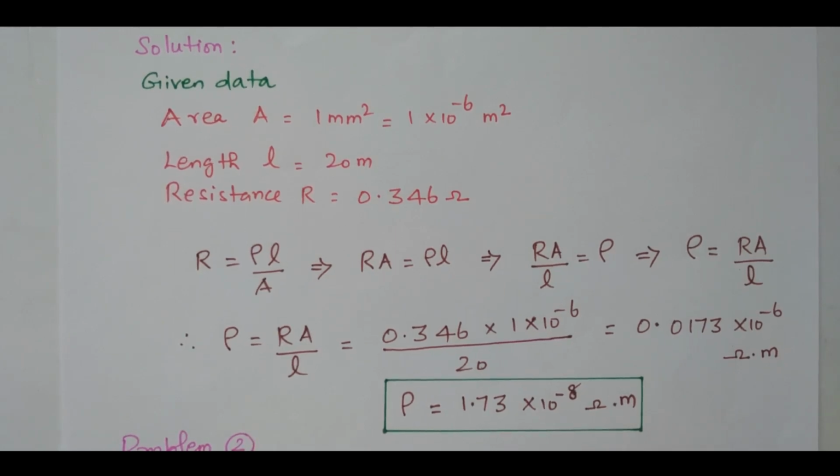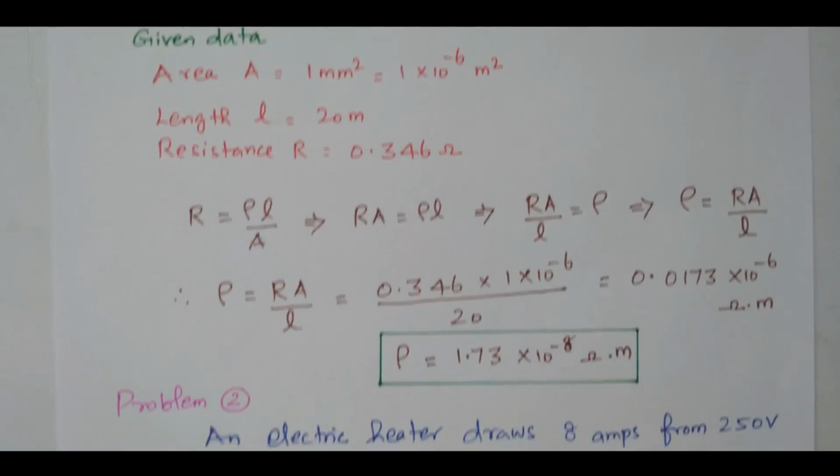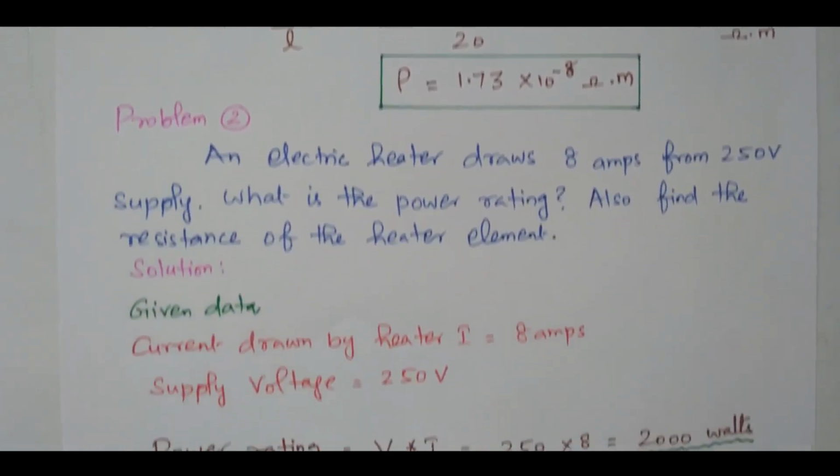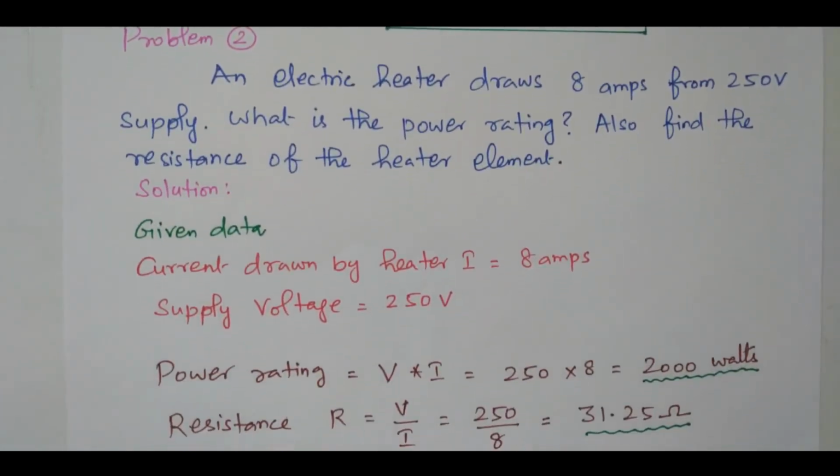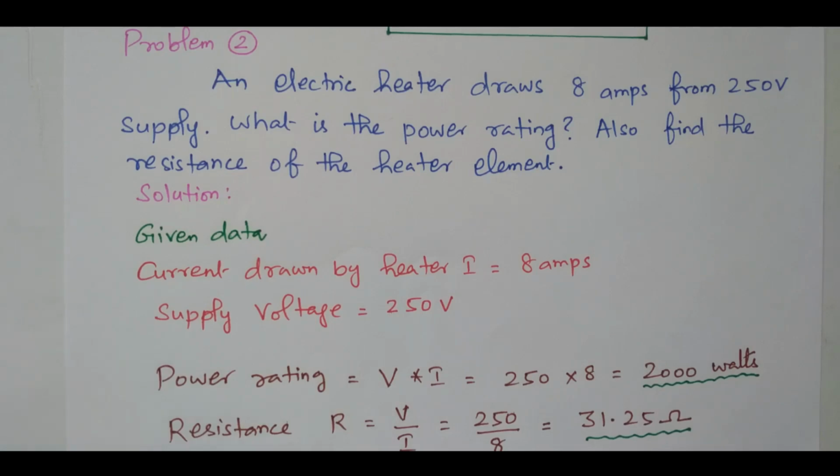Now we'll go to the second problem. An electric heater draws 8 ampere from a 250 volt supply.